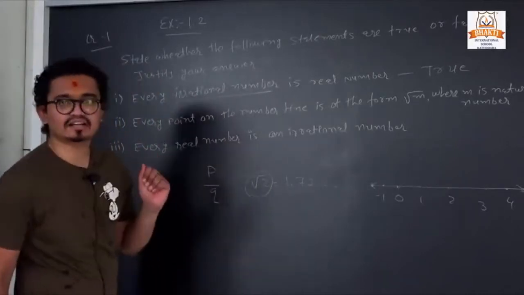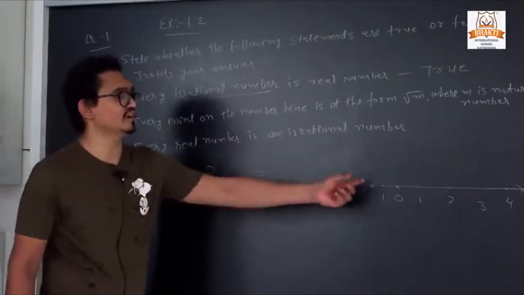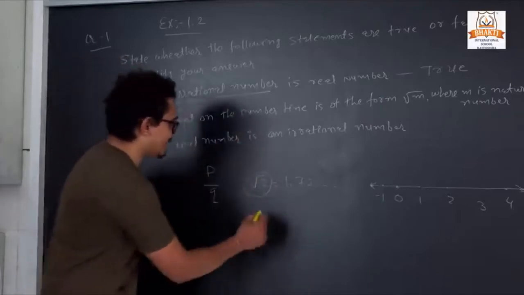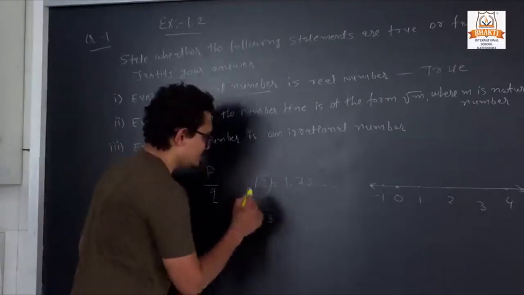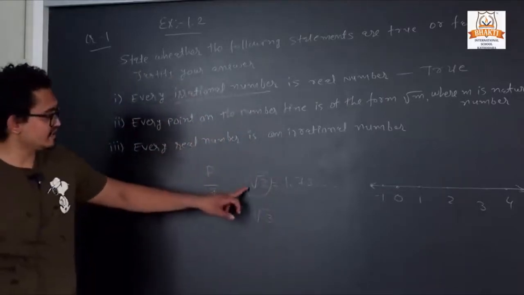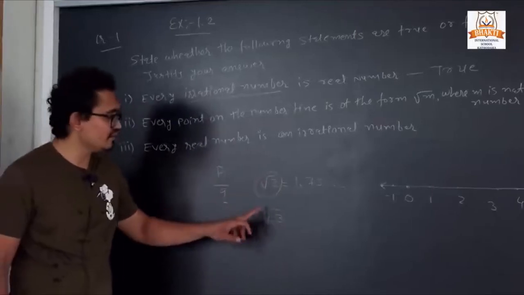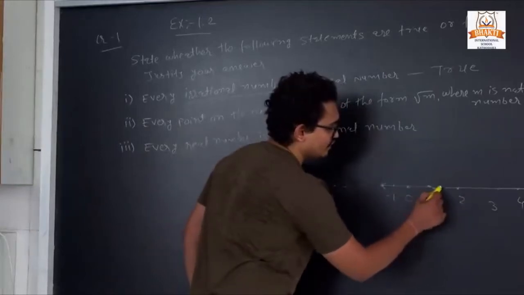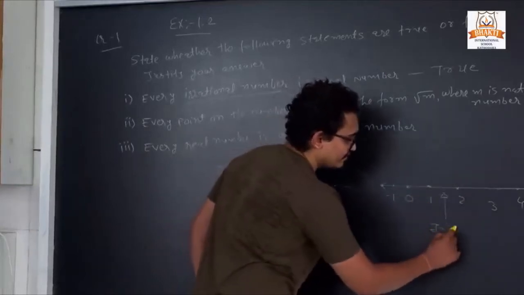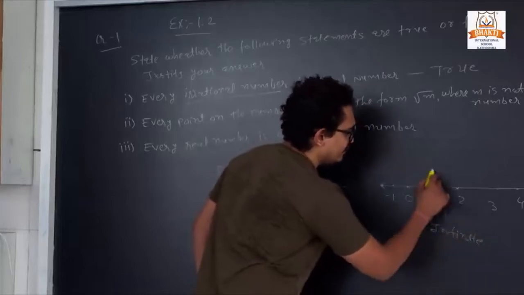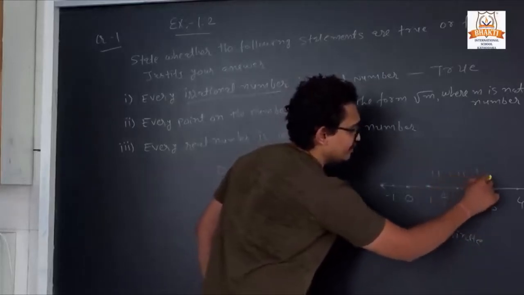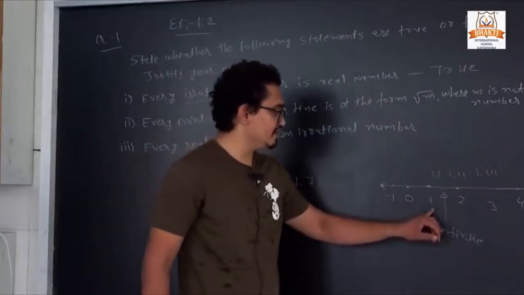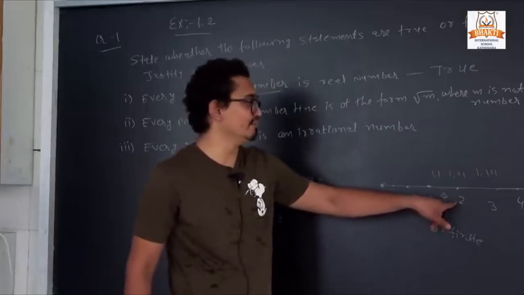Last time we saw how we can represent root 2 on a number line. Same way, if we take two numbers like root 2 and root 3, we already discussed that between any two numbers we have infinitely many numbers, like 1.1, 1.111 and so on.